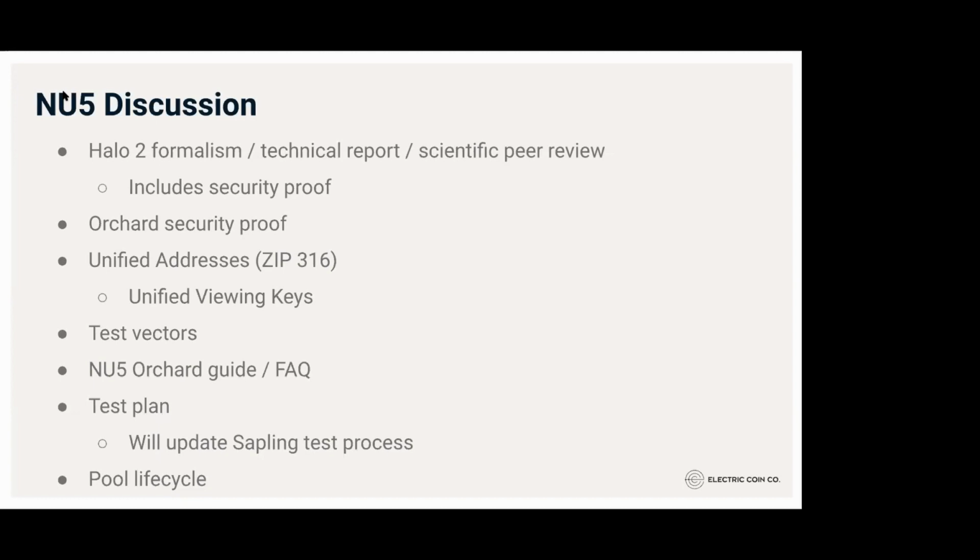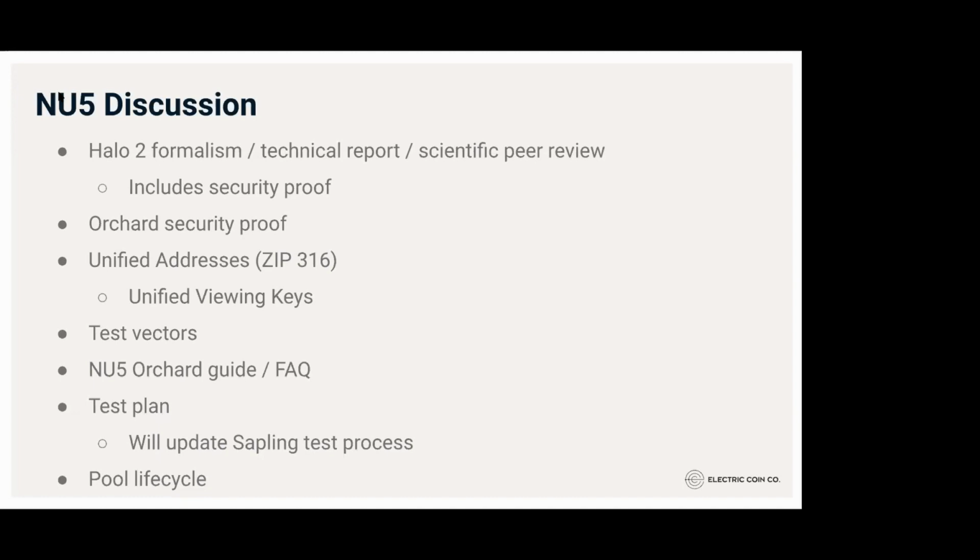It'd be nice, in parallel with our development of Sapling and Orchard, if a security analysis framework that was more rigorous for protocols like ours, and all the different properties we're trying to ensure, could come out of some parallel research, either from ECC or maybe from someone else.